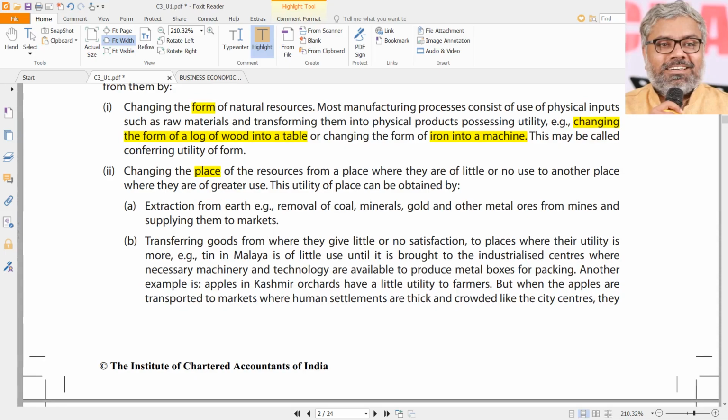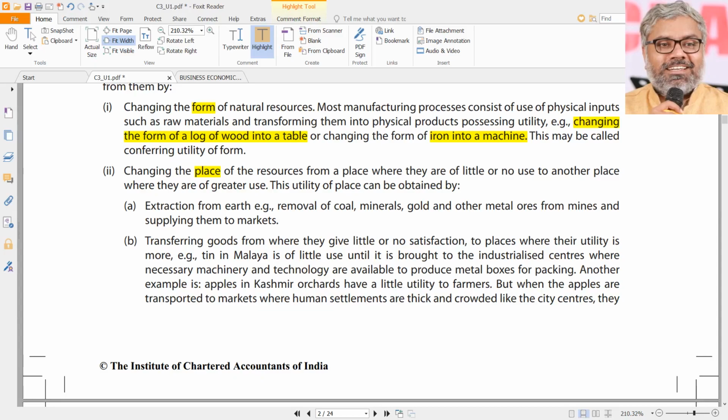Or look at the food that you eat. It is cultivated somewhere in the villages, somewhere in the agricultural lands, situated somewhere, where also you don't know exactly. But from there, it was harvested, it was then sent to the mills, it was polished, a lot of processes happened, it was packed, it was transported, it was stored, then it was sent to the shop from where we purchased, and we are just eating it casually.